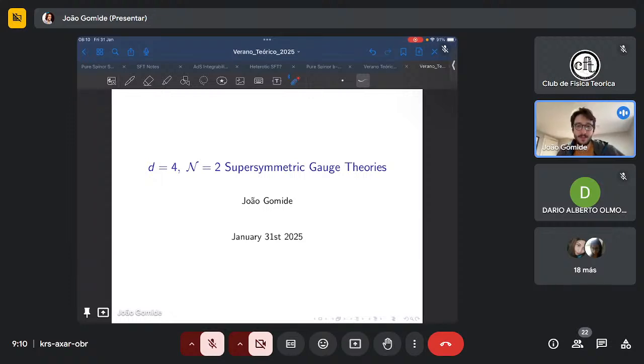So the idea will be to talk about some stuff related to what he taught in the course, and for that I'll be discussing this subject, which is d equals 4, N equals 2 supersymmetric gauge theories, which was the subject of my master's dissertation.